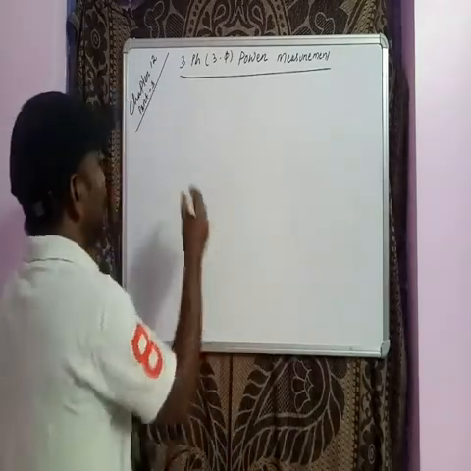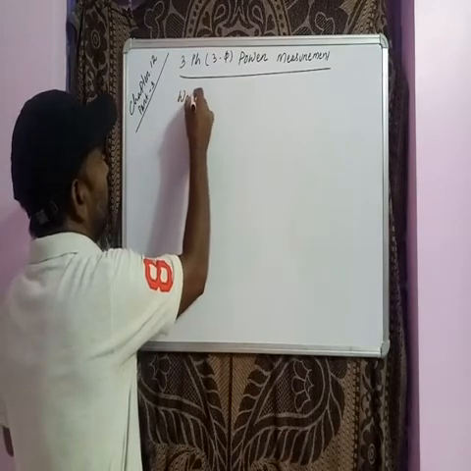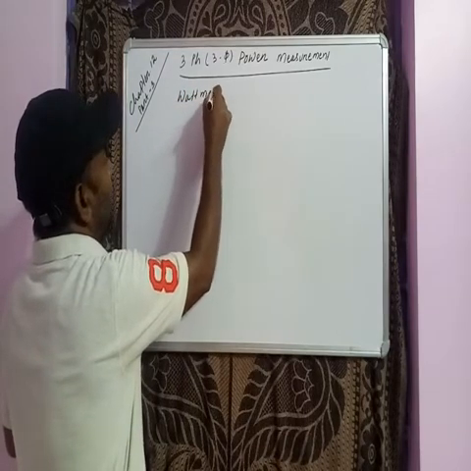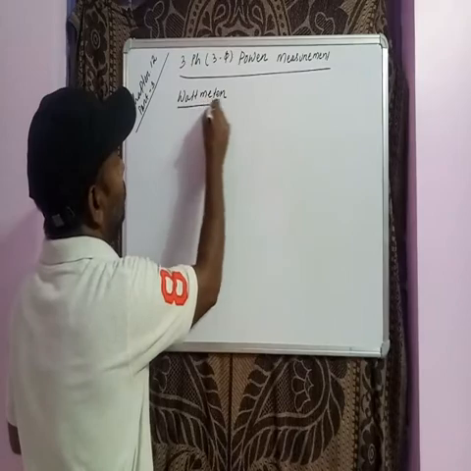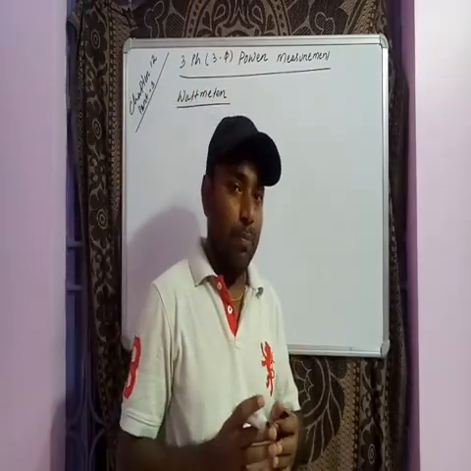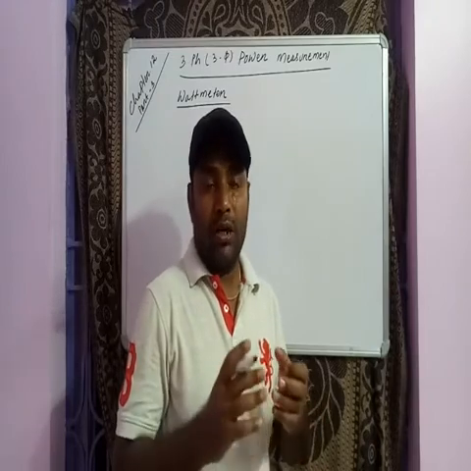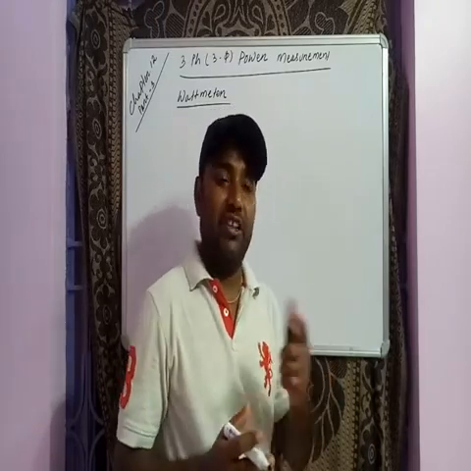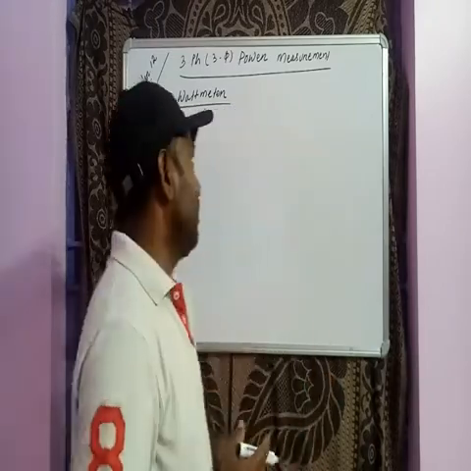So the wattmeter is an instrument which is used to measure the power. As you know, what is the unit of real power? Whatever meter is used to measure the watt is nothing but the wattmeter.